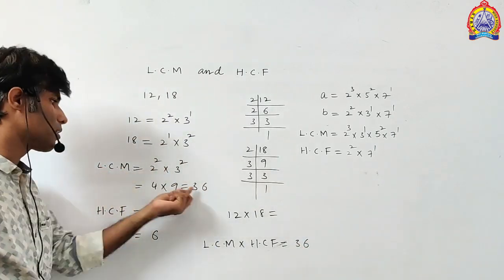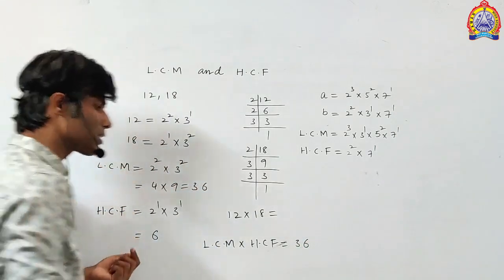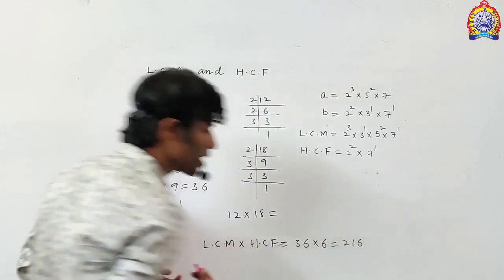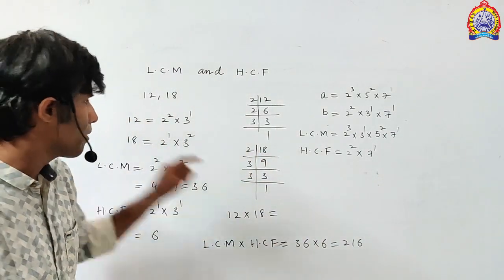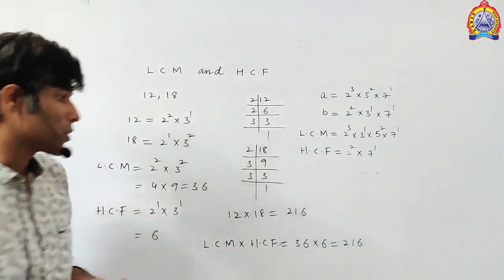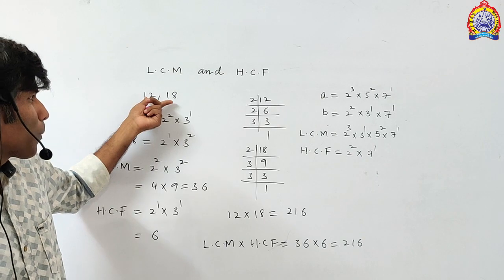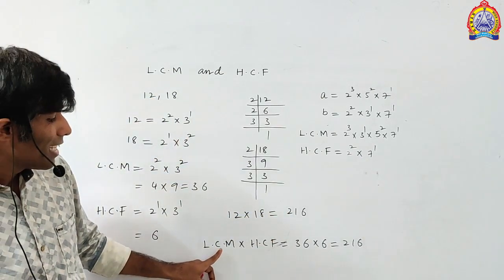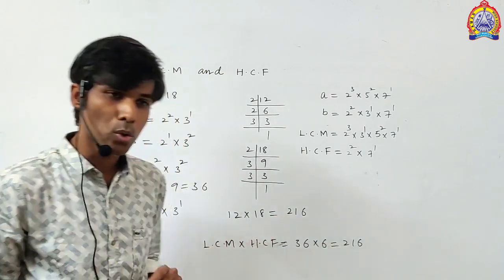Here the LCM is 36 and HCF is 6. You are getting 216 here. Here 12 into 18, product of numbers, that is also 216. The product of their LCM and HCF is also 216.